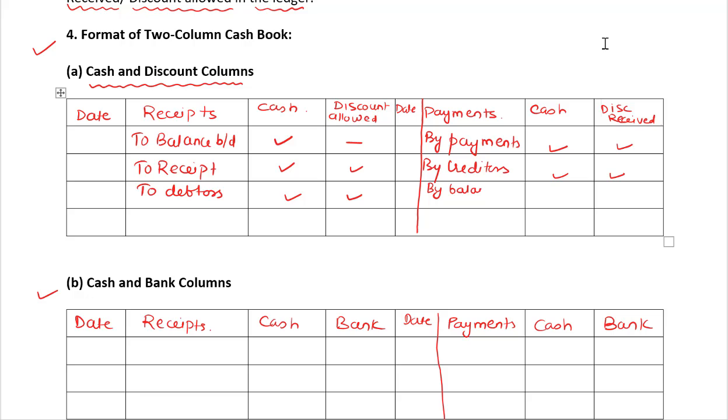So by balance carried down. Cash balance is totaled over here. Discount received won't be totaled. Discount allowed won't be totaled. This would be totaled. So total, total. I hope you are clear.